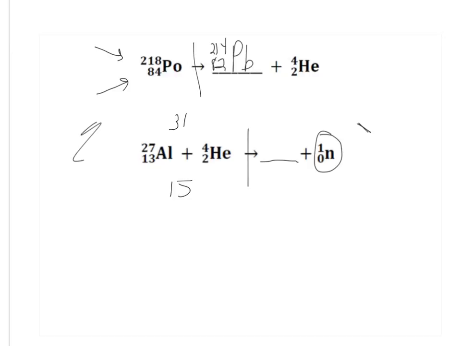So on this side, it needs plus 0, so 15, and then 31, something plus 1, so 30. And identify elements with the atomic number, that's phosphorus.